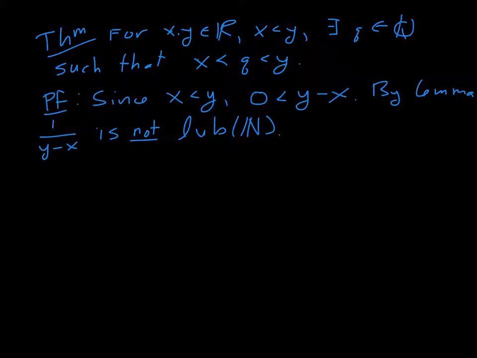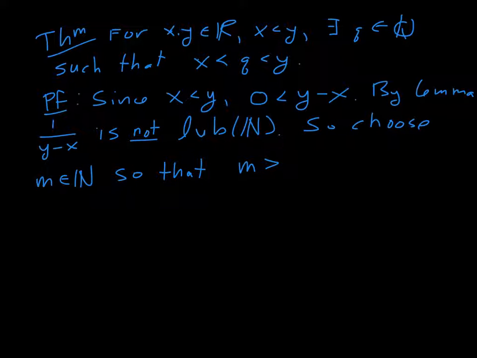So that means we can choose a natural number, call it m, so that m is bigger than 1 over y minus x.